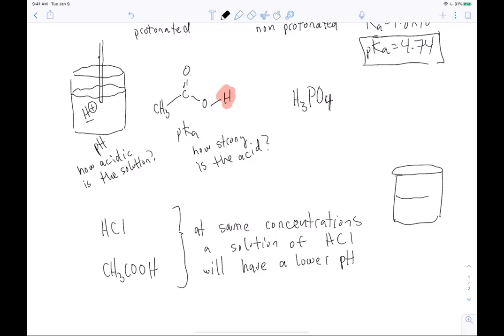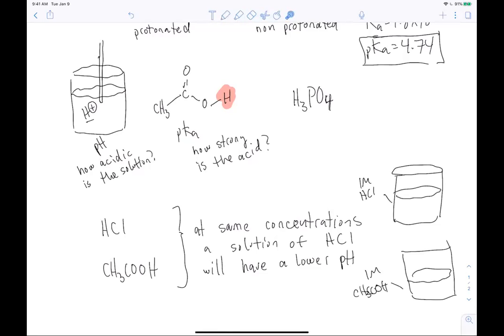So if I take 1 molar HCl and 1 molar acetic acid, no doubt the HCl is going to be more acidic. And here I'm referring to the acidity of the solution, so this is going to have a lower pH.